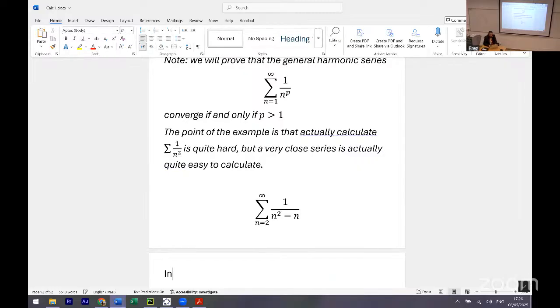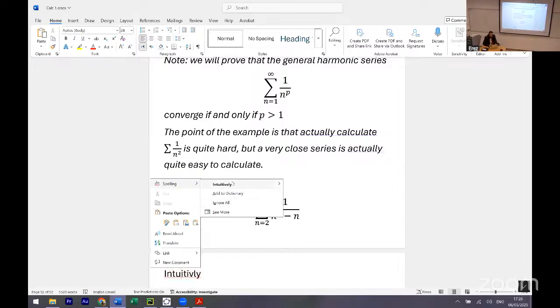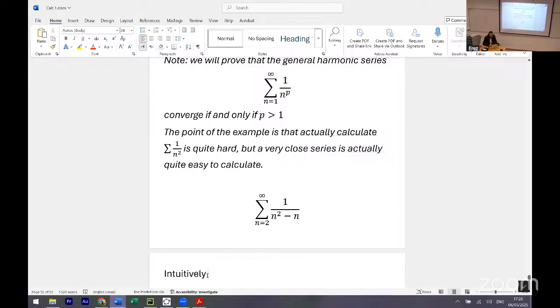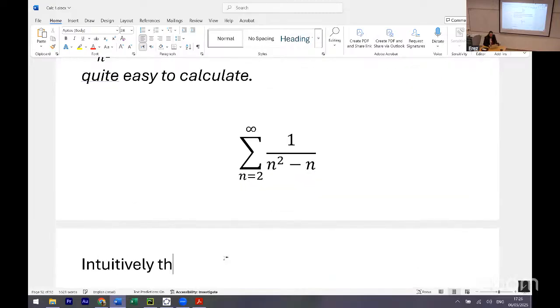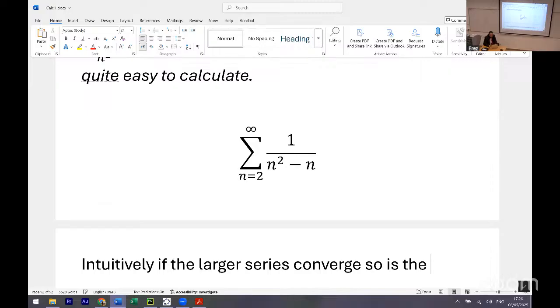Intuitively, if the larger series converges, so does the smaller.